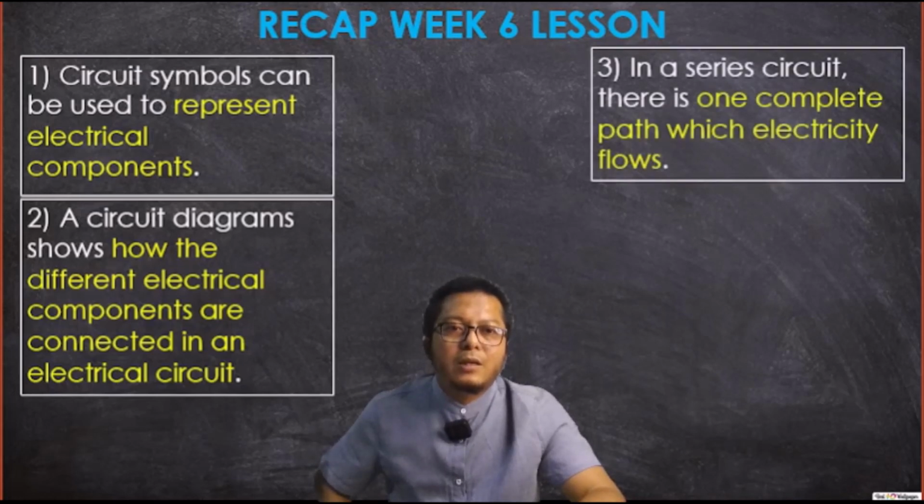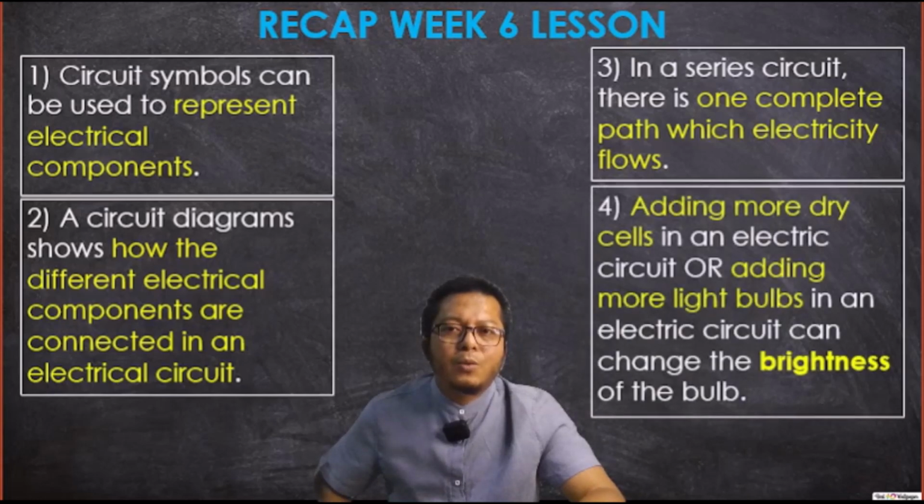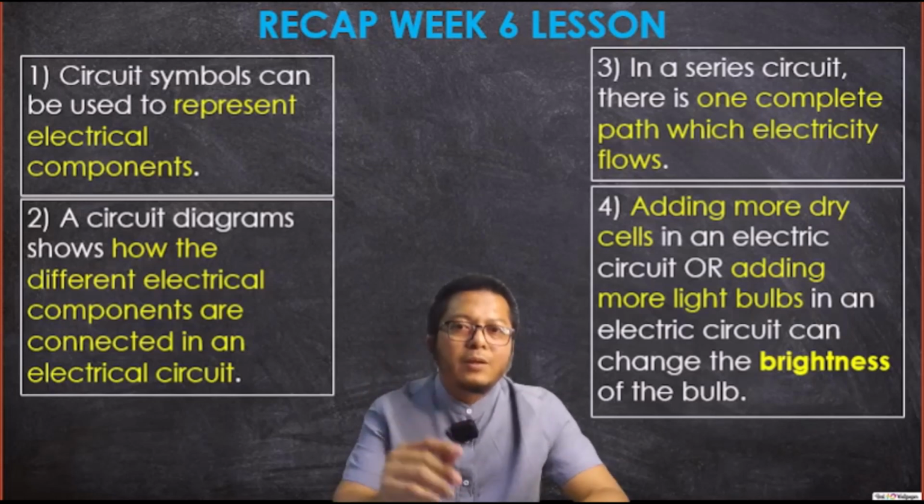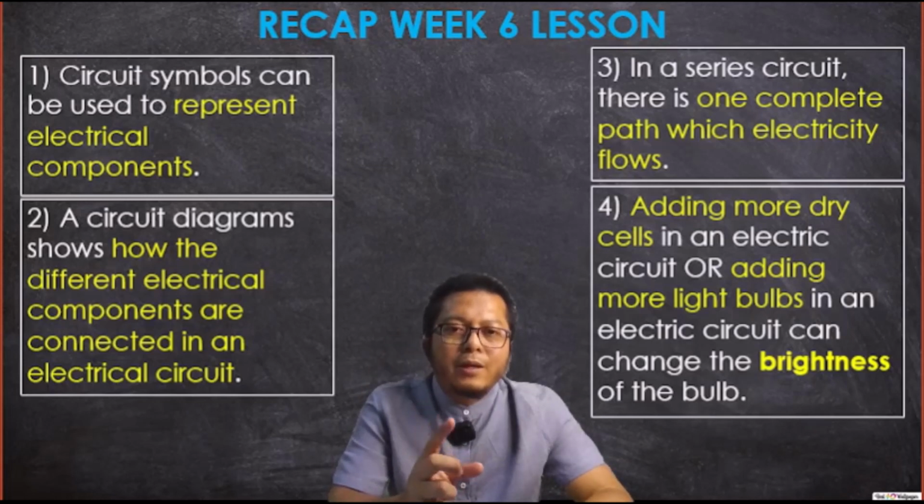In a series circuit, there is one complete path which electricity flows through, and adding more dry cells or adding more light bulbs in an electric circuit can change the brightness of the bulb. More dry cells, more power, brighter light. One dry cell, more light bulbs, lesser light because it uses more energy.